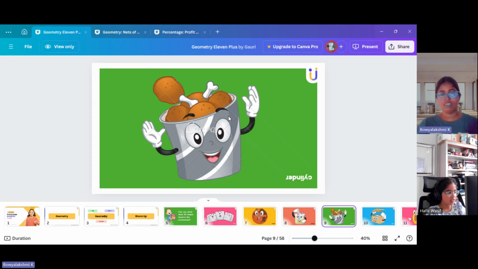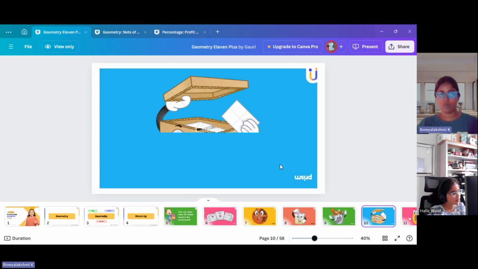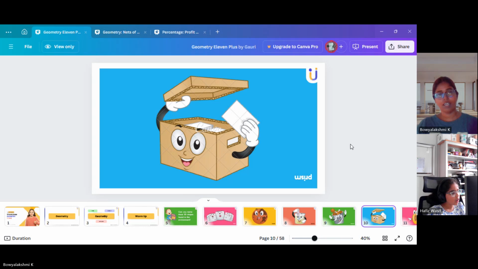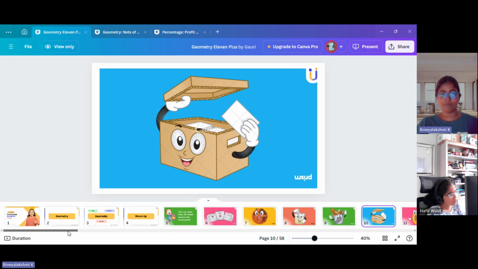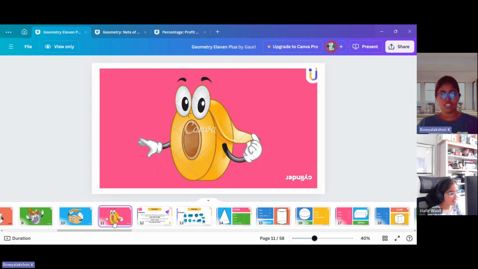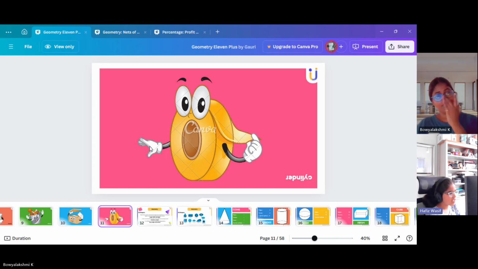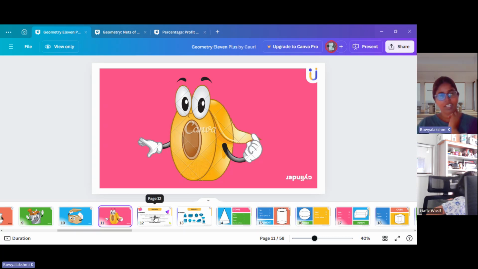Great. Next one. This is a bin which also is a cylinder. This one. A box, which is a prism. Great. And the last one. Tape, which looks a bit like a cylinder. A mini cylinder. Great.